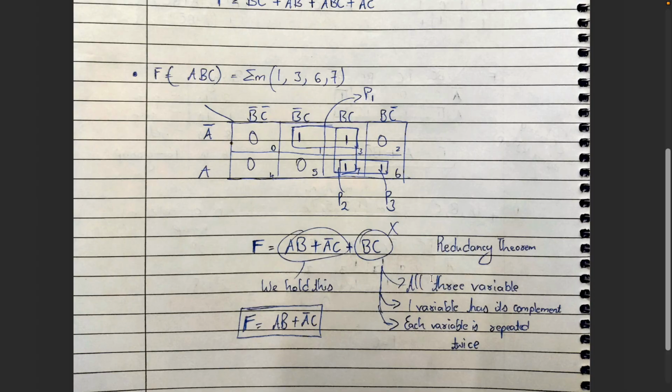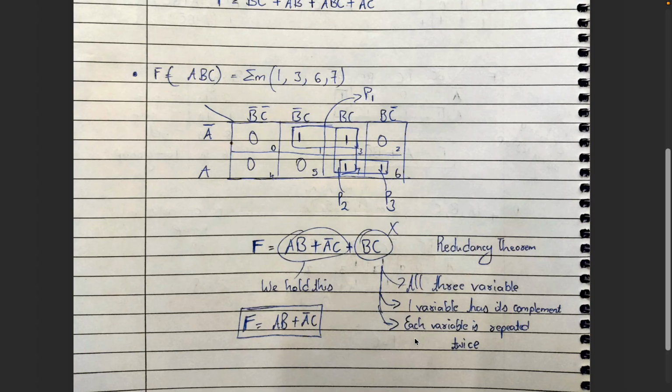Now to identify a redundancy theorem, the main thing you have to see is that all three variables are present. A is present, B is present, C is also present. Yes, the first condition is marked. Then one variable has its complement. Check whether any of the variables has its complement. Yes, A plus A bar. So A has its complement.